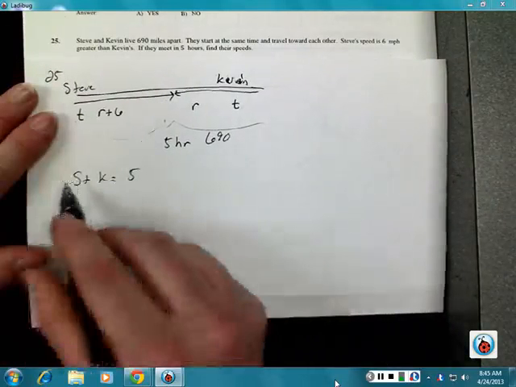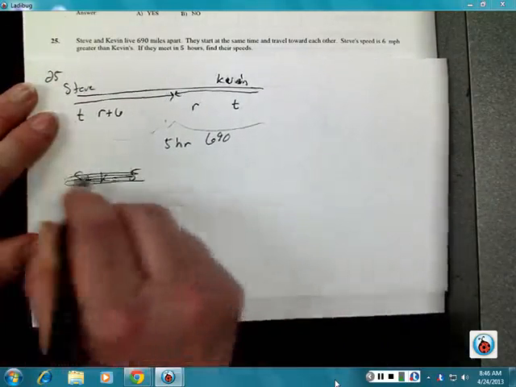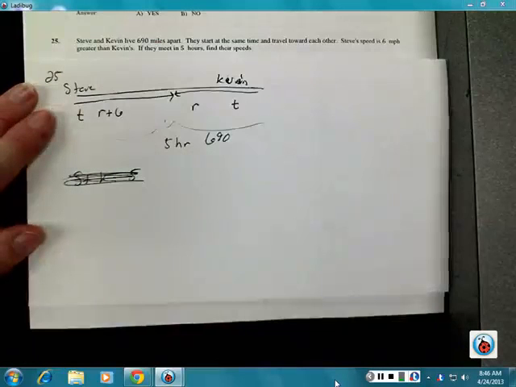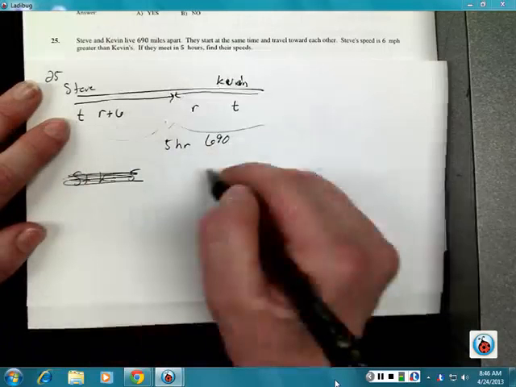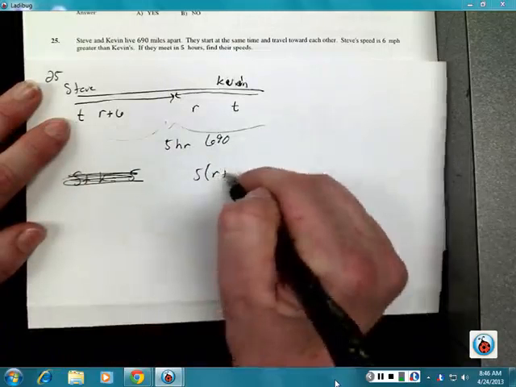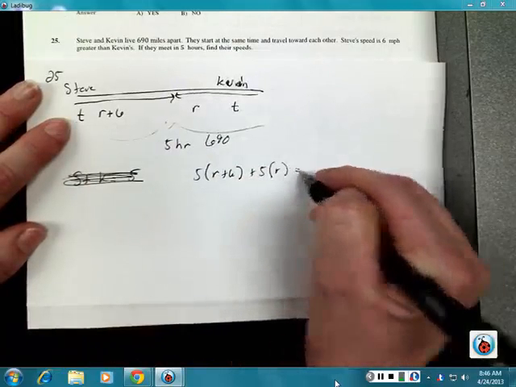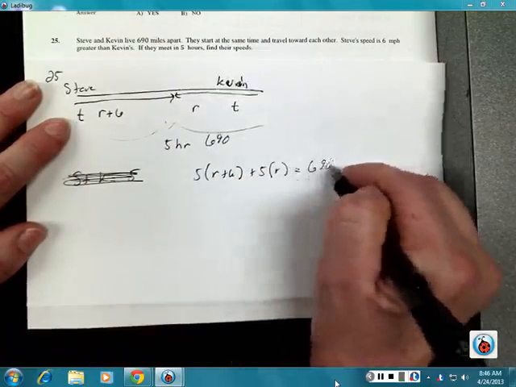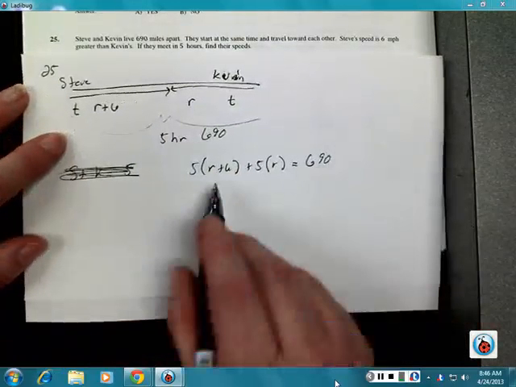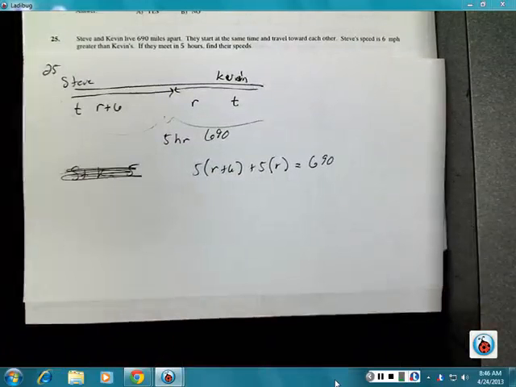Steve and Kevin do not equal 5, because they both have 5 hours involved. So if I put 5 times r plus 6 plus 5 times r, I will get 690 miles because my rate is what's going to end up working out to do that.